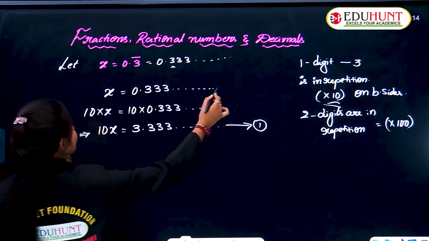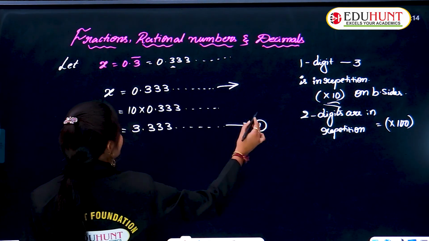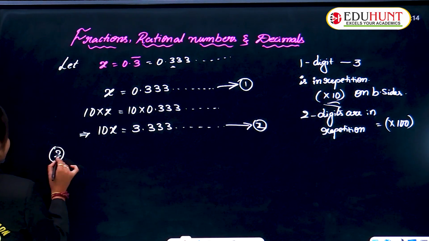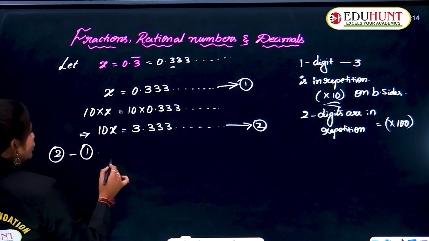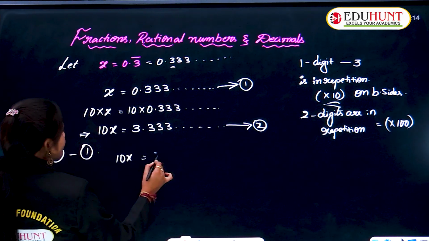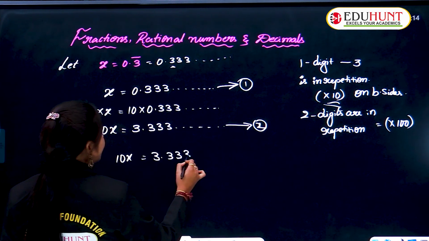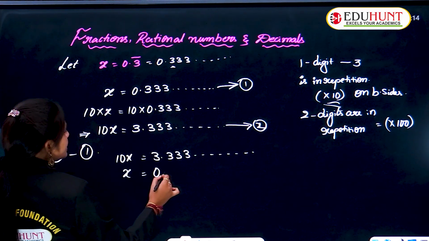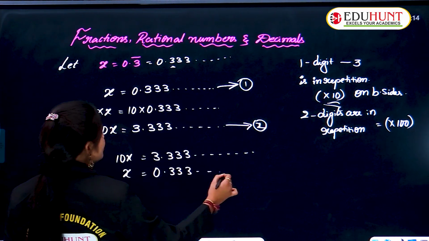Now this is the first equation, and the other is the second equation. Now subtract: 10x is equal to 3.333 and so on, and x is equal to 0.333 and so on.